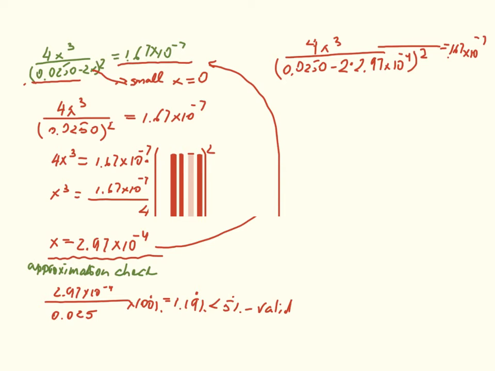Okay, so when we solve it, we will get x equal to 2.92 times 10 to the power negative 4.